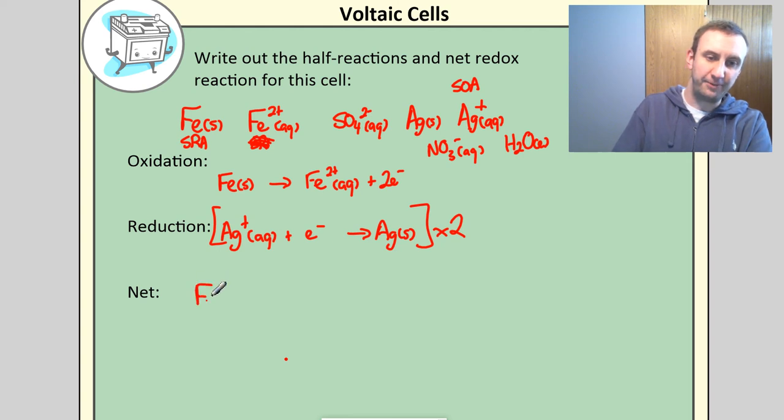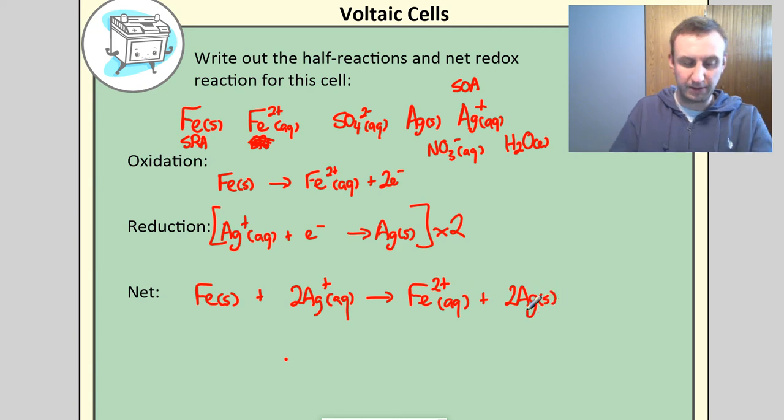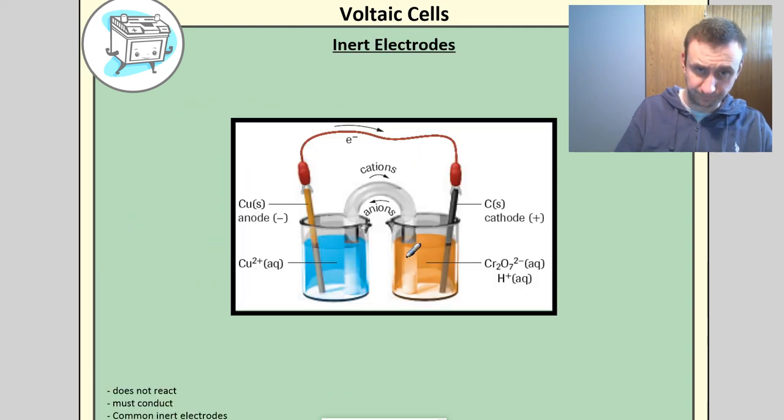So I end up with Fe solid plus 2 Ag+ aqueous makes Fe2+ aqueous and 2 Ag solid. Okay, so that is my net reaction.